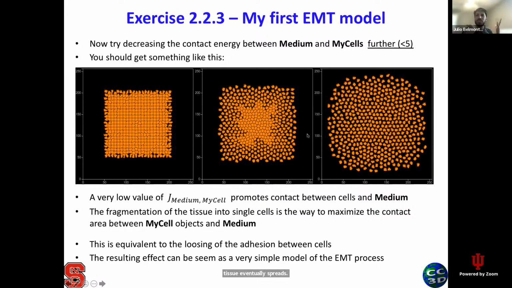You can think of this simulation as a toy model for epithelial to mesenchymal-like transition, where your whole tissue undergoes an epithelial mesenchymal transition. Before, they were part of a cohesive monolayer, and now they all become mesenchymal and start to spread out like this.